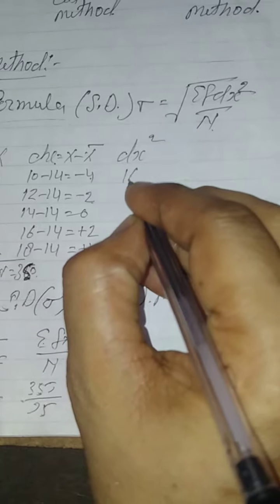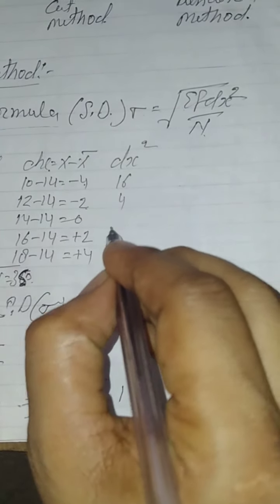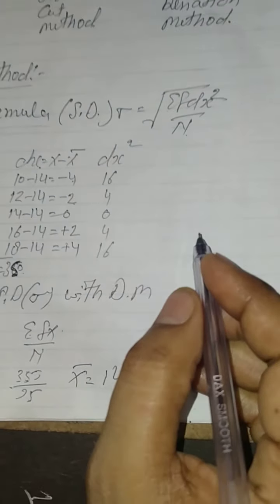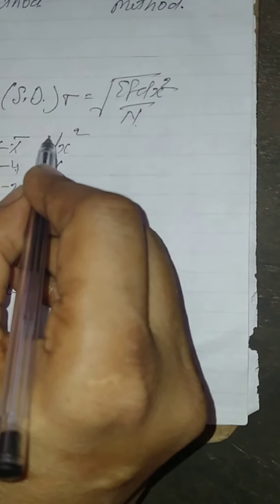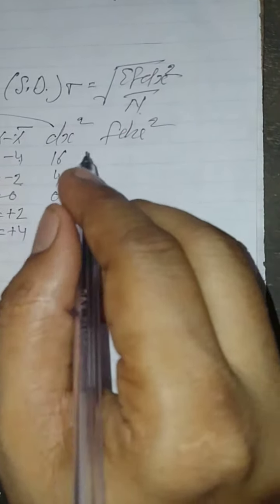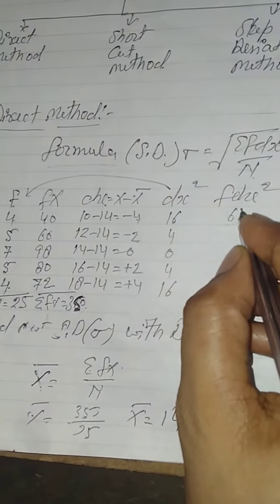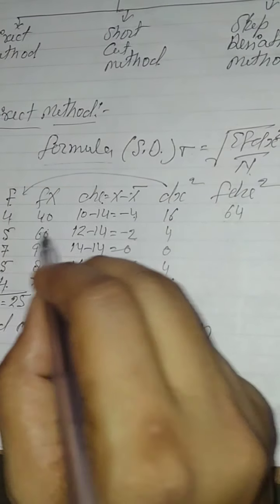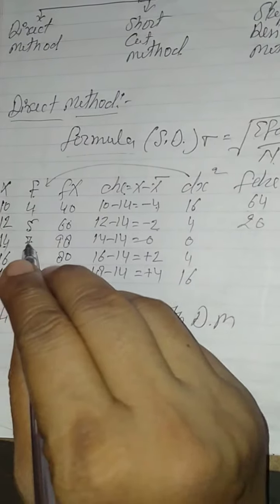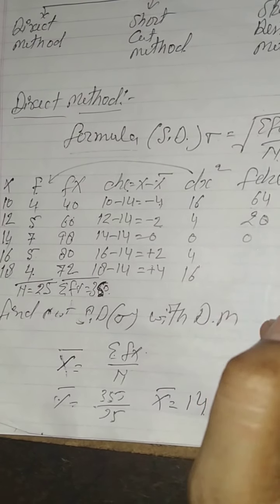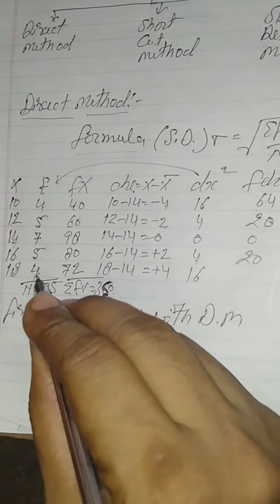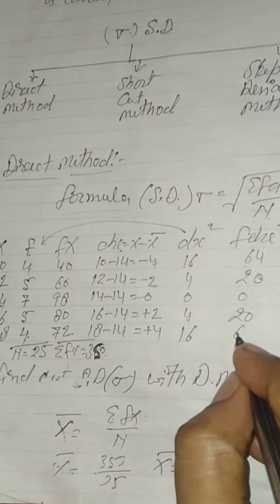After that we find dx square: 4 fours are 16, 2 twos are 4, 0, 2 twos are 4, 4 fours are 16. After that we multiply dx square with frequency, that's f dx square: 16 times 4 is 64, 4 times 5 is 20, 0 times 7 is 0, 4 times 5 is 20, and 16 times 4 is 64.